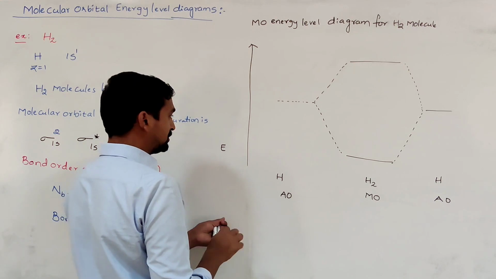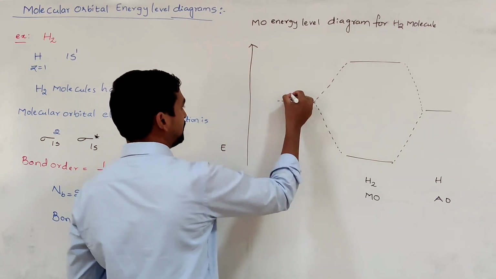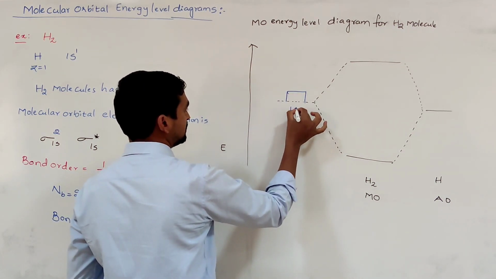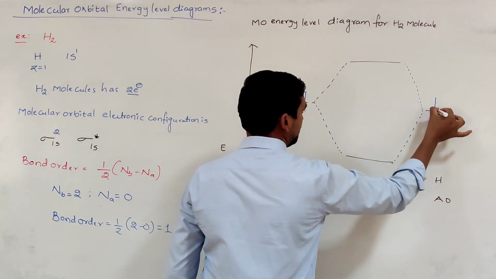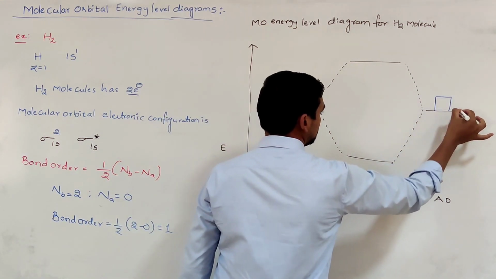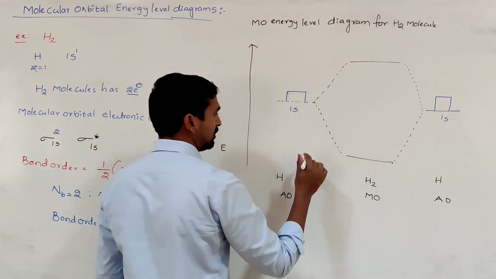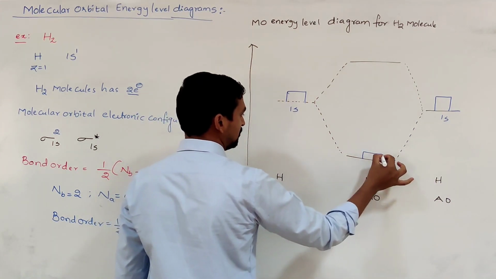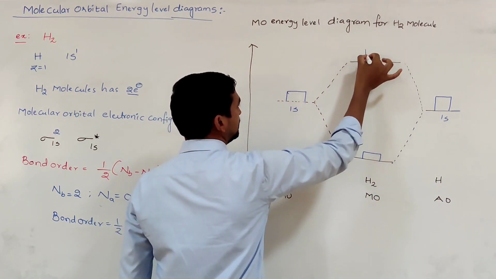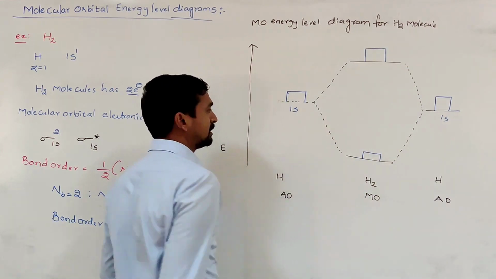So now hydrogen has one atomic orbital, that is 1s. This hydrogen also has one atomic orbital, that is 1s. So one bonding molecular orbital is formed, one anti-bonding molecular orbital is formed.